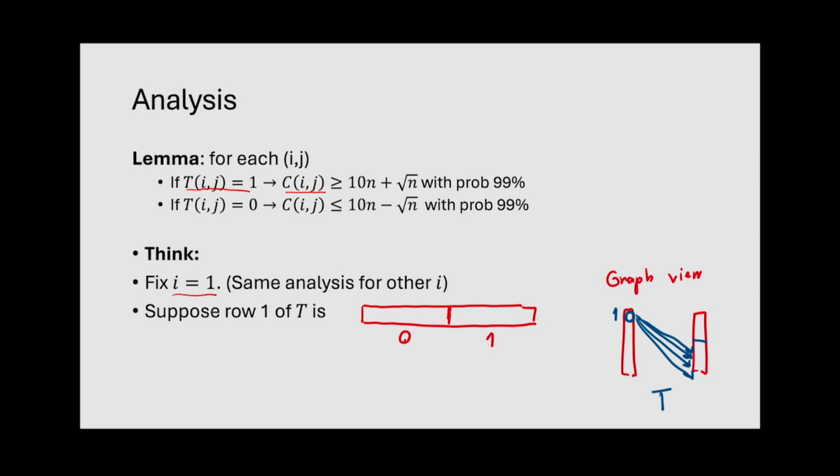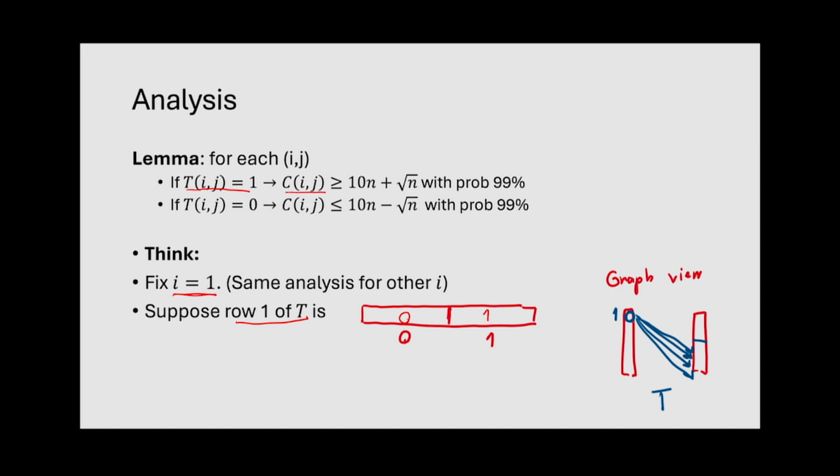It's going to be the same analysis for every I. The picture that you might want to have in mind is, let's look at the first I, I is 1. So we focus on the first row of T. And let's say, think in your mind that the first row of T looks like the first half is 0, and the second half is all 1s. That is just easier to think about.